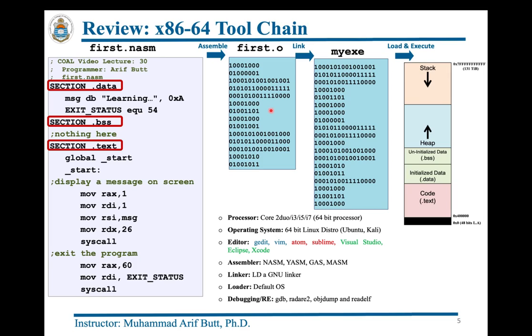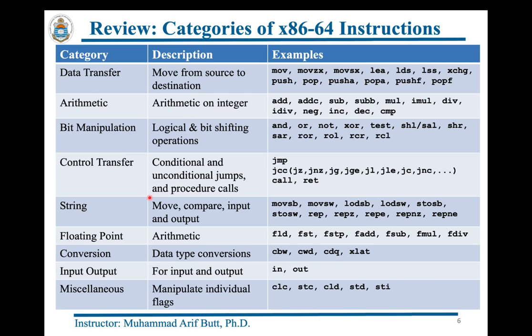This slide summarizes the x86 programming tool chain and the layout of an assembly program that we discussed at length in lectures number 29 and 30. And this slide shows the different categories of x86 assembly instructions that we intend covering in this course. Today is the second session on the control transfer instructions.